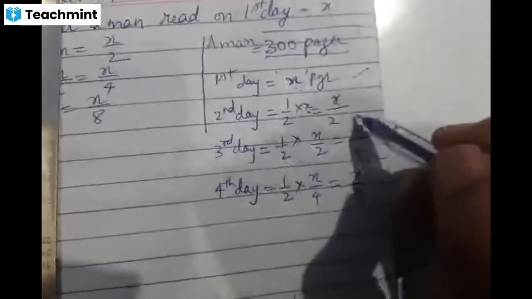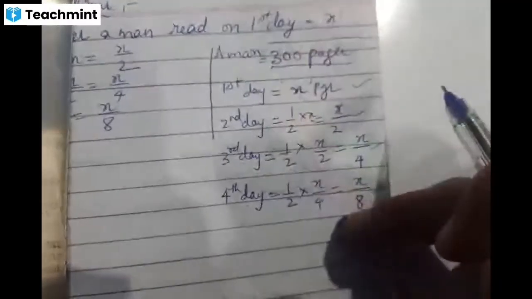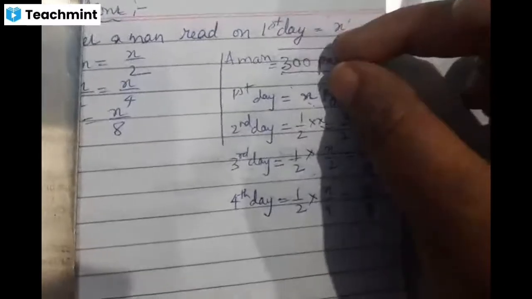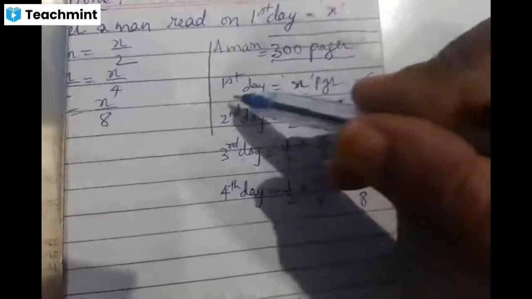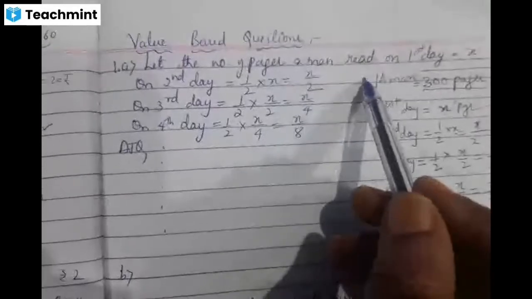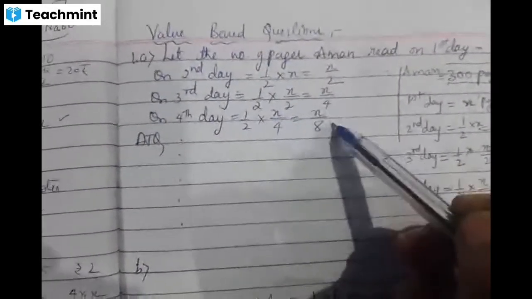So first day, second, third and fourth, these are the pages he has read in 4 days. Total number of pages is 300 pages. Can you find out how many pages he has read on the first day? We have to find the value of x here. According to the question, let the number of pages Aman read on the first day be x, second day half of x, third day half of x by 2, fourth day half of x by 4.